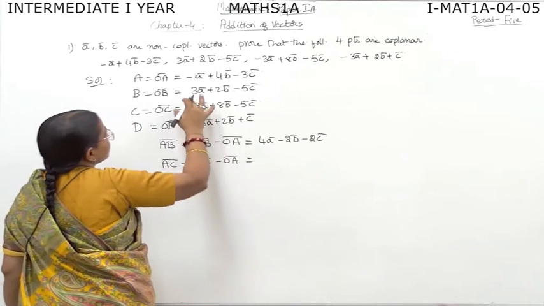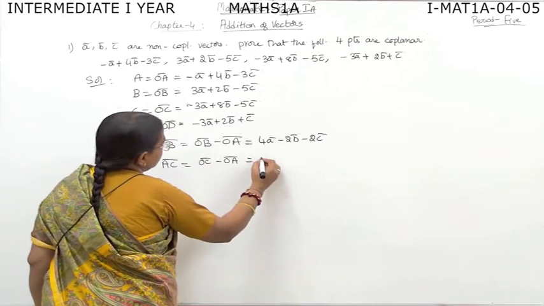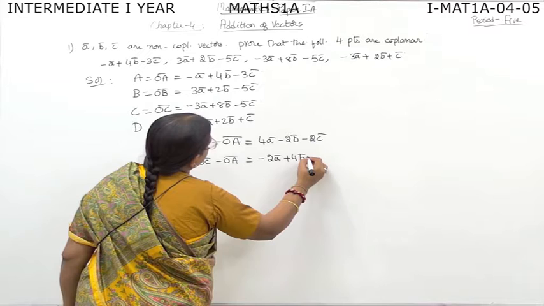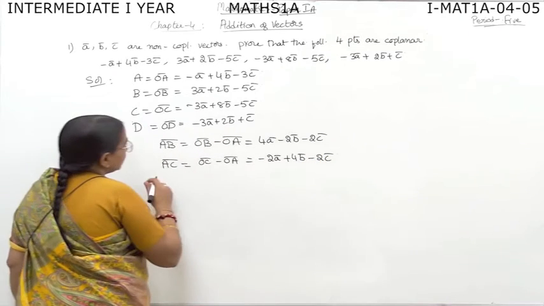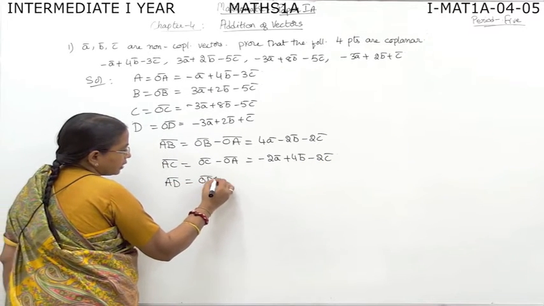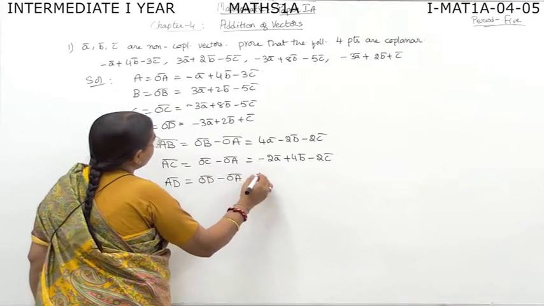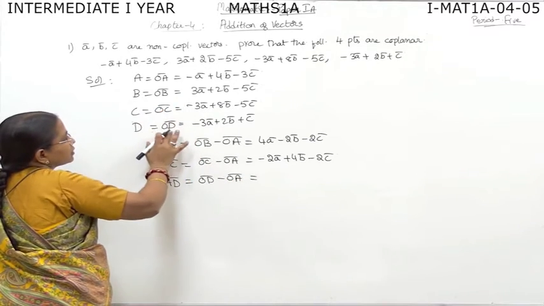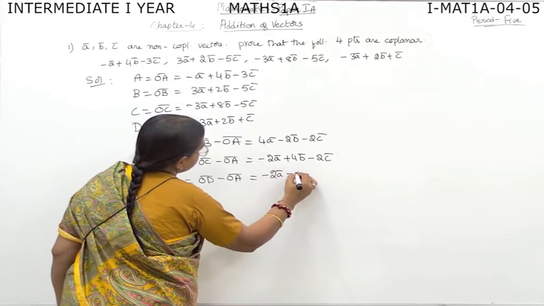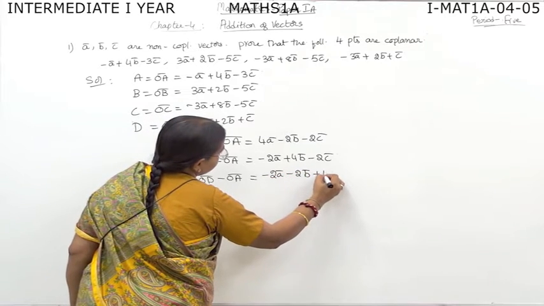So it is minus 2A plus 4B minus 2C. Next AD. AD is equal to OD minus OA. Subtract. Then it is minus 2A minus 2B and then plus 4C.